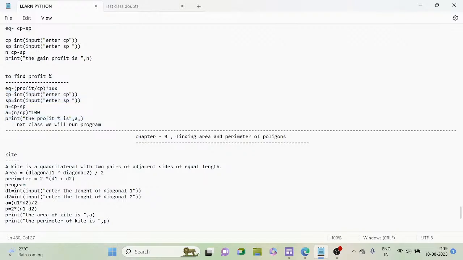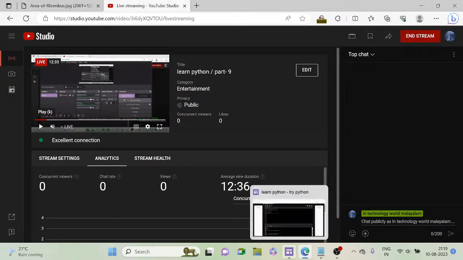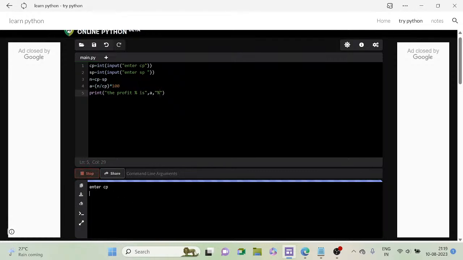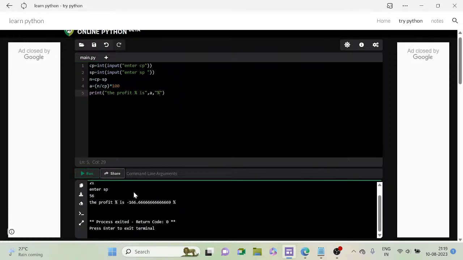So we can give it like that. Hope it's clear. Now when we run it with 21 and 56, the profit percentage is 166.666669 percent.